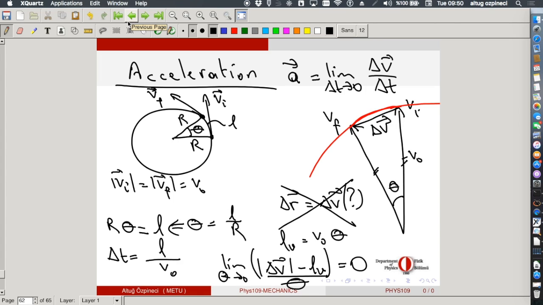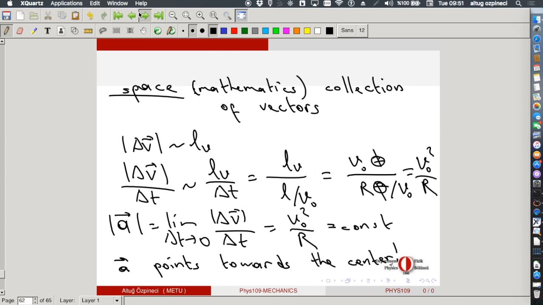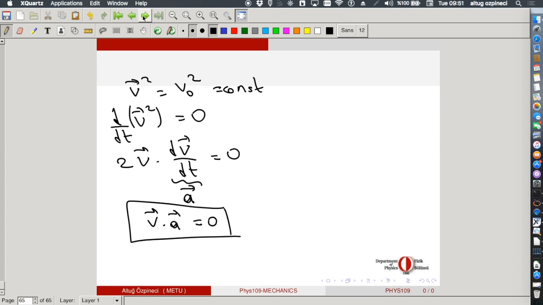If theta is not 0, they are not perpendicular to each other. But as theta goes to 0, they become more and more perpendicular. So this is the direction of delta v, and hence that is the direction of the acceleration. And that points towards the center. Now, how can we find it using this argument? Well, that will be part of your homework.